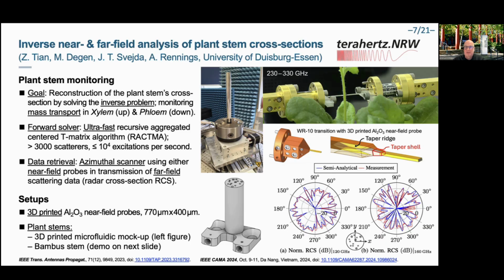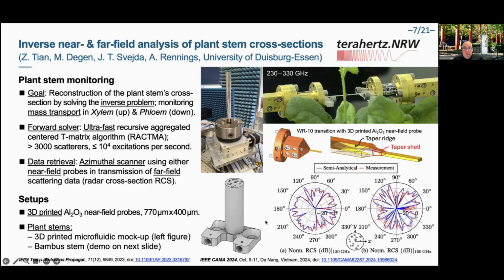These probes are developed for the W band operating between 75 gigahertz up to 110 gigahertz. So we are not yet at the terahertz frequencies, but new developments are on the way. One idea is also to introduce active transceivers within these probes operating at even higher frequencies.